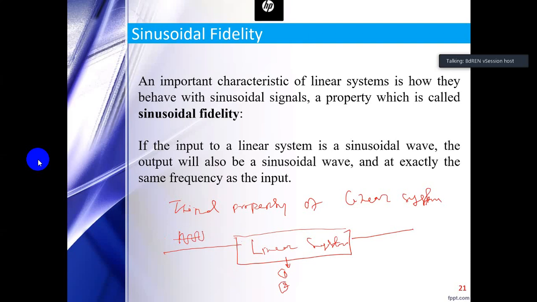Consider a frequency of 100 kilohertz and amplitude of plus minus 1 volt.